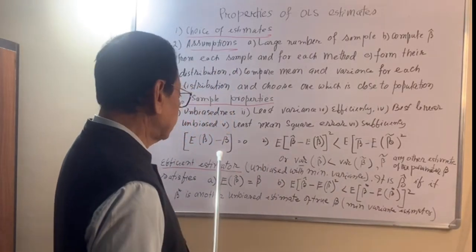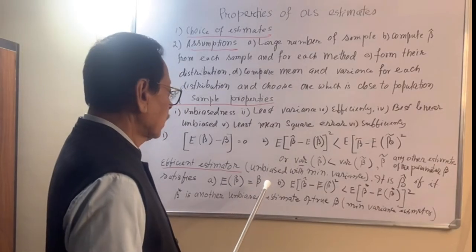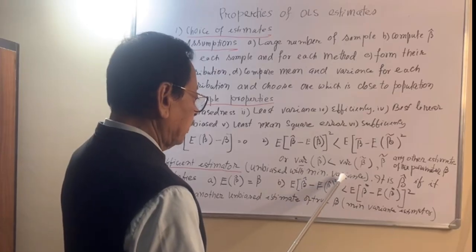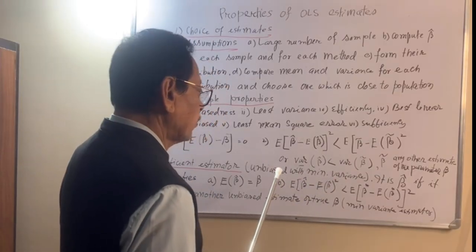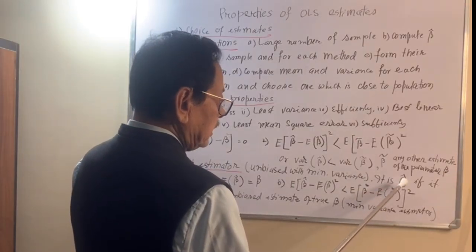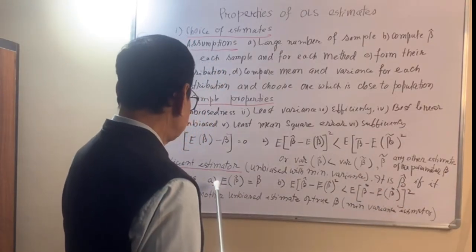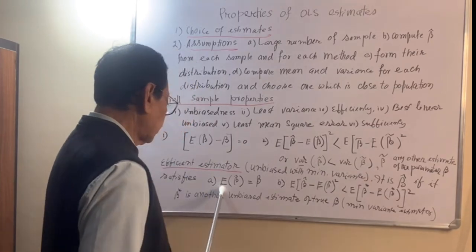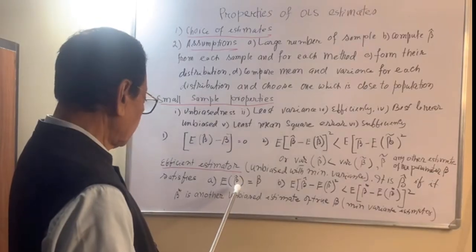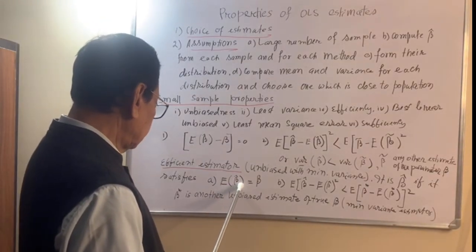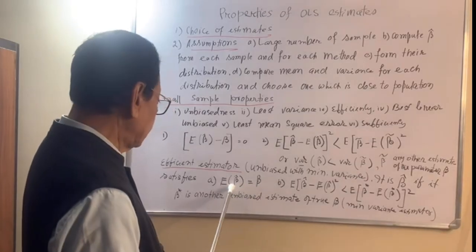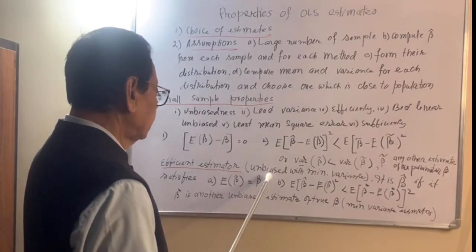Then the efficient estimator: unbiased with minimum variance. The estimated beta should satisfy condition A: the expected estimated beta, that means the mean, is equal to the true beta. If they are equal, then it is unbiased.